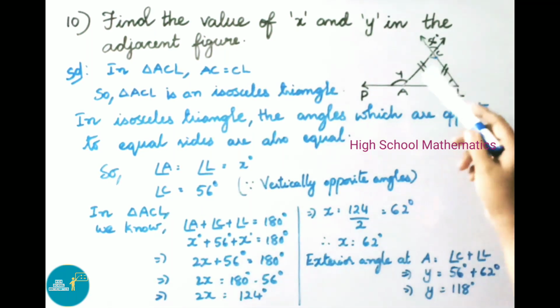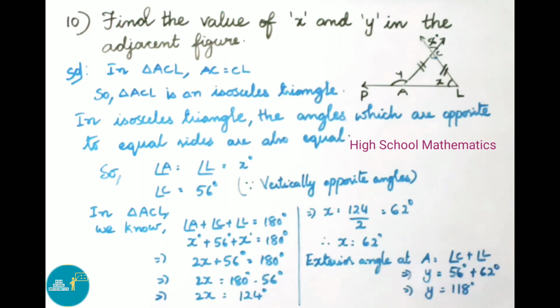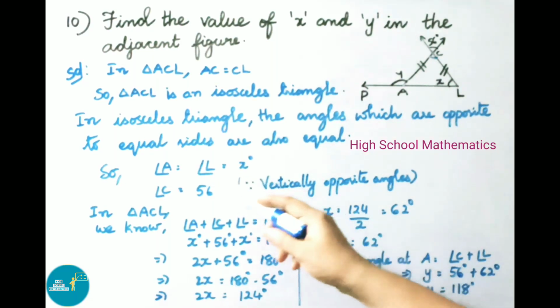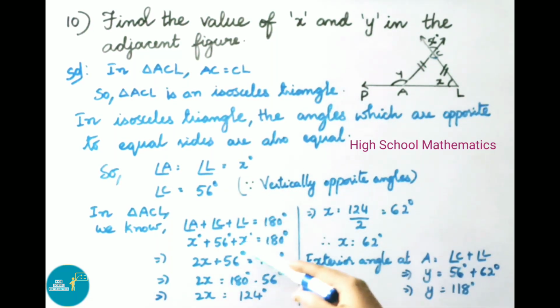In triangle ACL, we know sum of the angles in a triangle is 180 degrees. So angle A plus angle C plus angle L, that equals to 180 degrees. Previously we have written angle A and angle L are x degrees, angle C is 56 degrees. So x plus 56 plus x, that equals to 180 degrees. That implies x plus x, that is 2x plus 56, that equals to 180 degrees.